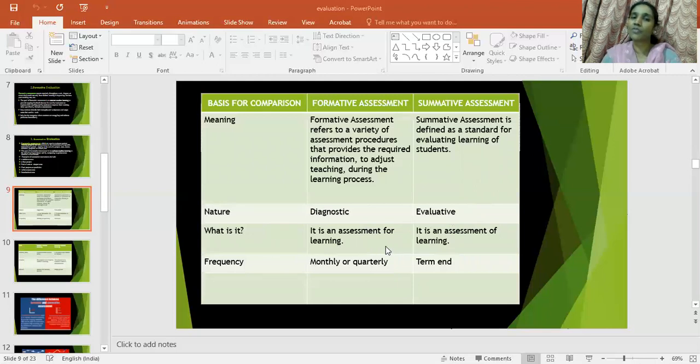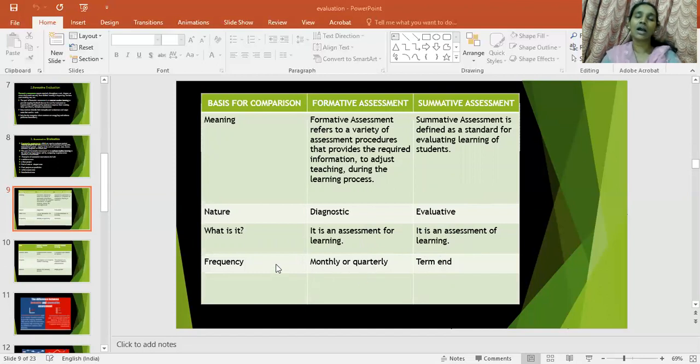Formative assessment is an assessment for learning, means evaluating the students for better learning. And the summative assessment is an assessment of learning, means here also we are evaluating the students for the learning purpose.